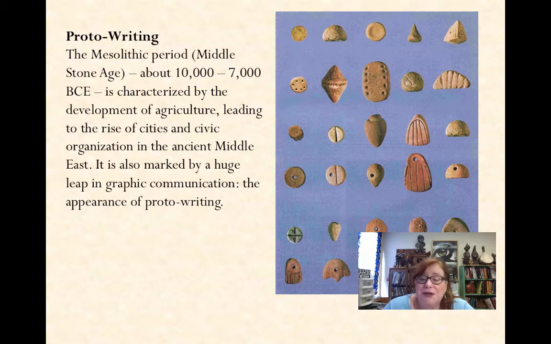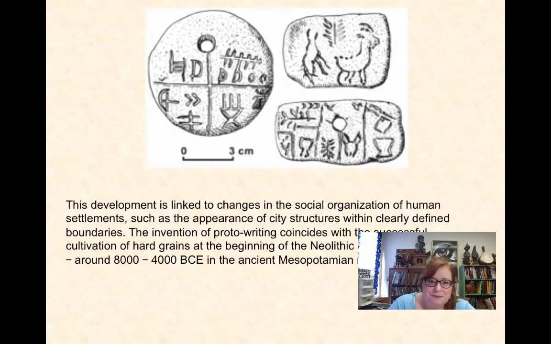So people stop being nomadic so that they can settle down and start planting plants, noting the arrangement of seasons, and so this leads to the rise of cities and civic organization in the ancient Middle East. And it's also marked by a huge leap in graphic communication, the appearance of proto-writing. So what does that mean?